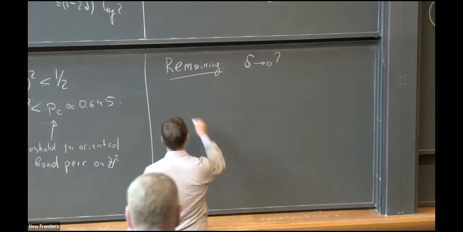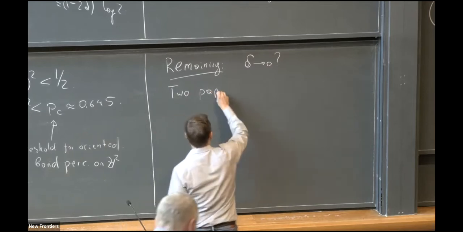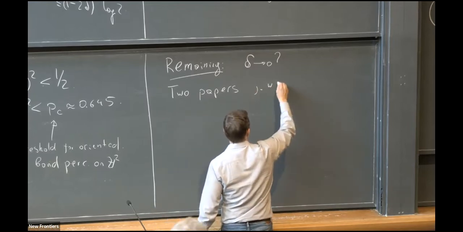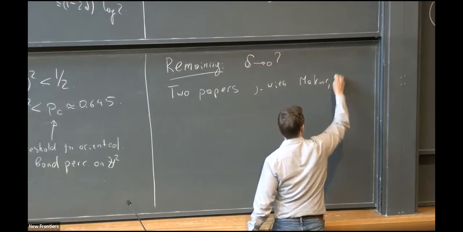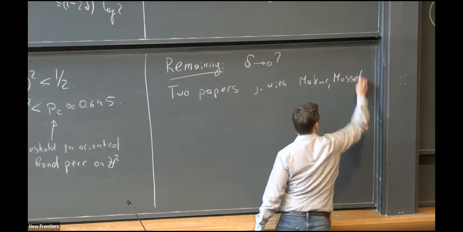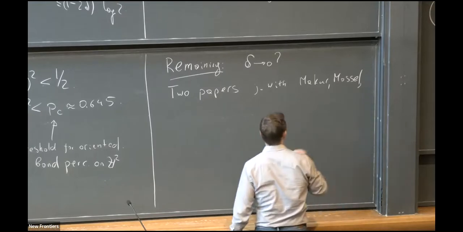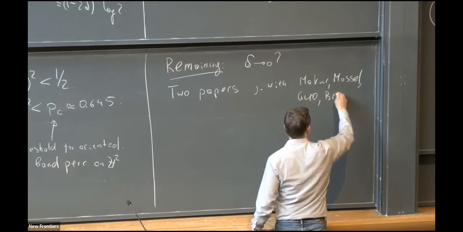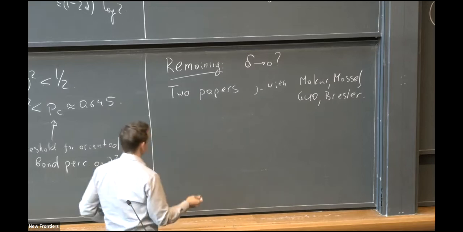Okay, so this we resolved in 2 joint papers over a few years, joint with many people: Anurag Makur, Elchanan Mossel, who is actually here and is going to give another talk on Wednesday, also Chenghao Guo and Guy Bresler. So there are 2 different papers, and with them we resolved this.